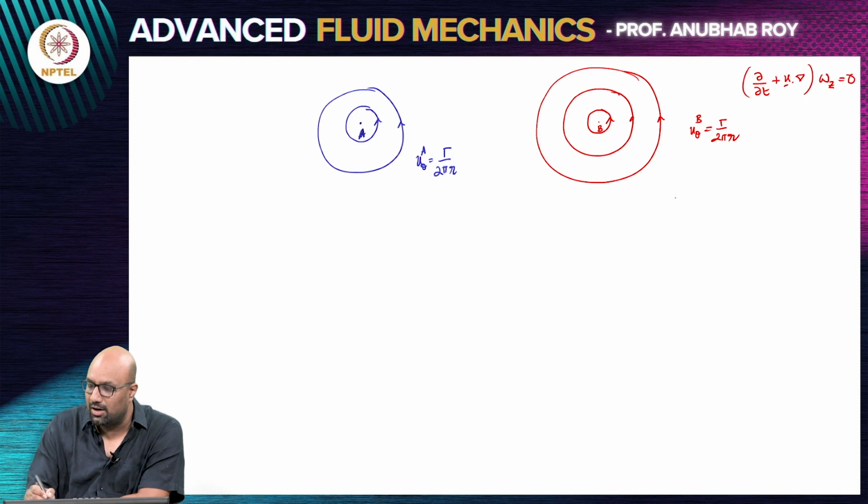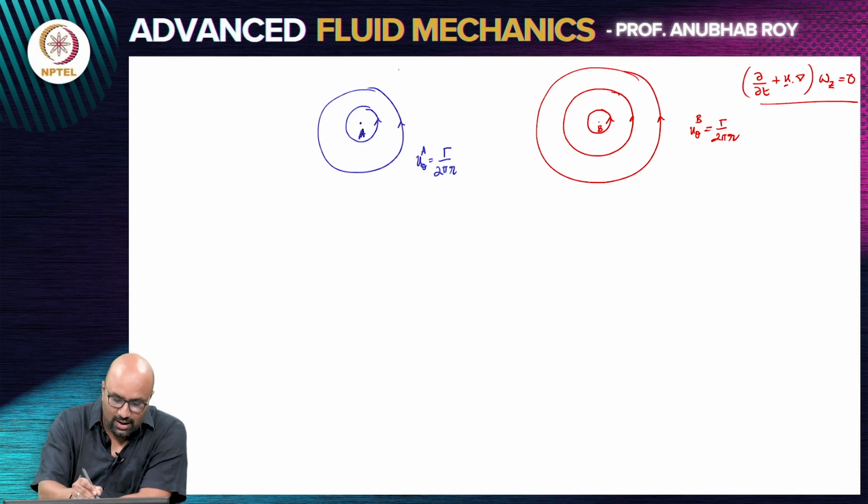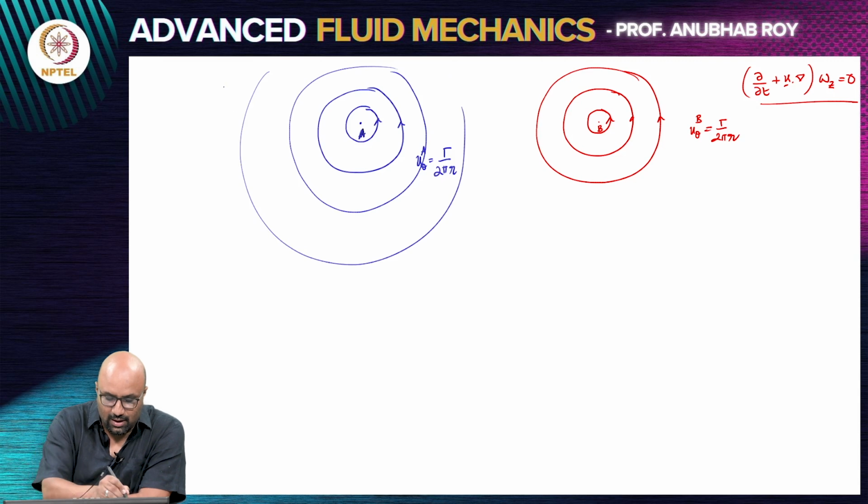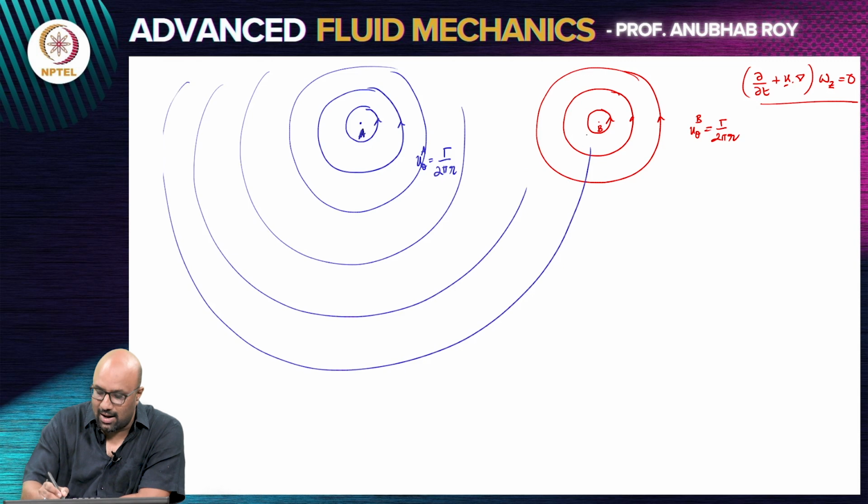In absence of any diffusion, it just follows this equation. So now if you focus on the velocity field due to A, I can keep drawing these streamlines bigger and bigger, and eventually you would actually have vortex B in the velocity field due to vortex A.